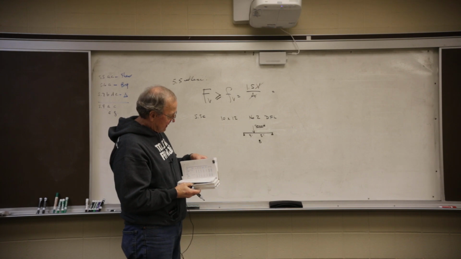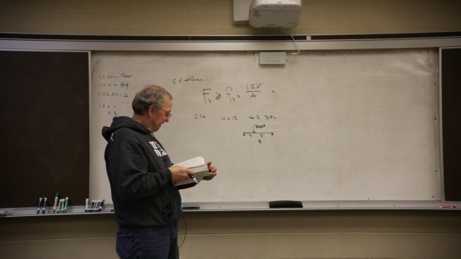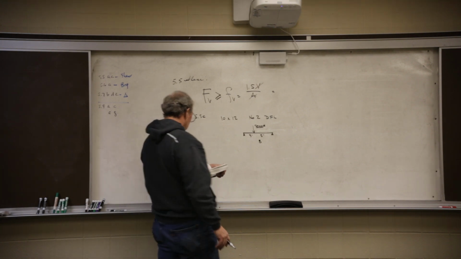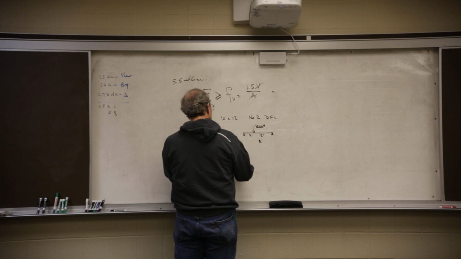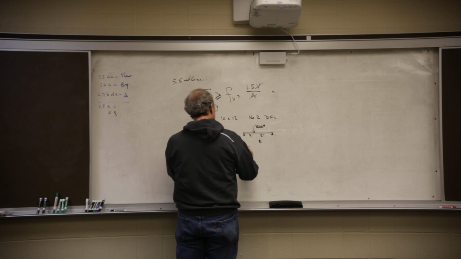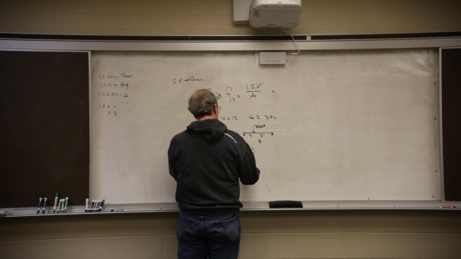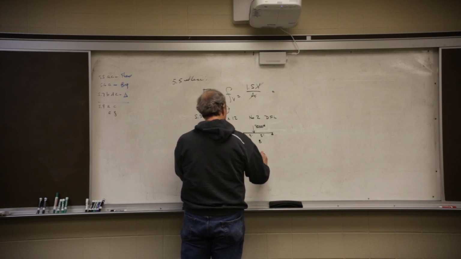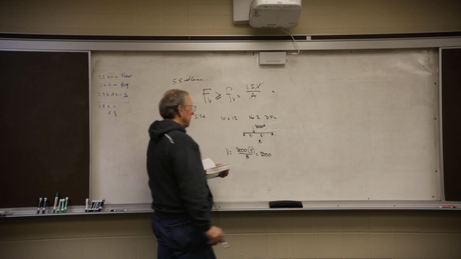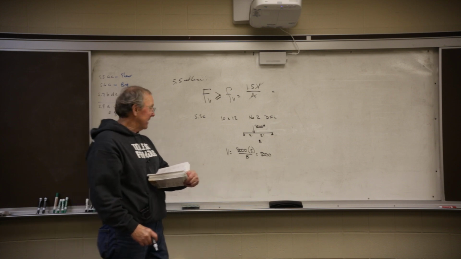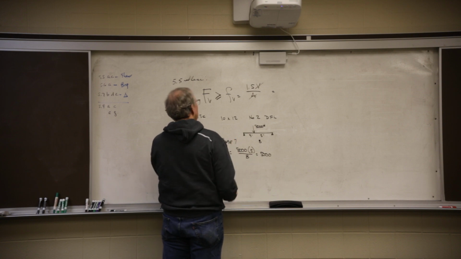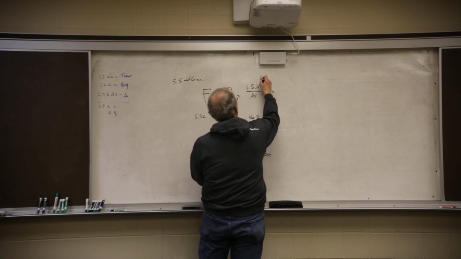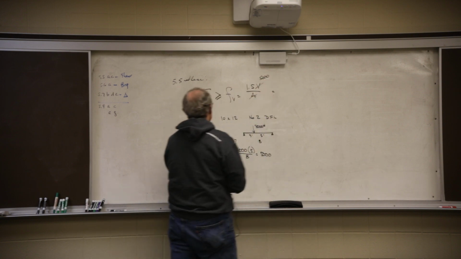If I go to case 7, if I want V, I take P, B over L, where B is greater. So V equals P, B over L. 5,000 pounds, that was case 7. 5,000 goes right there. What's the area of a 10 by 12?